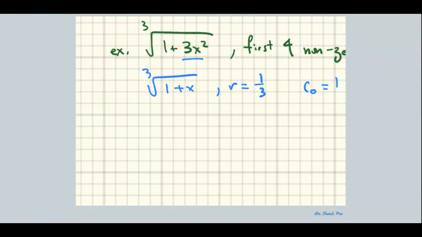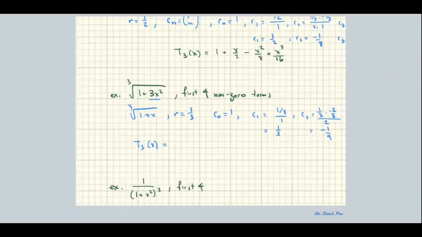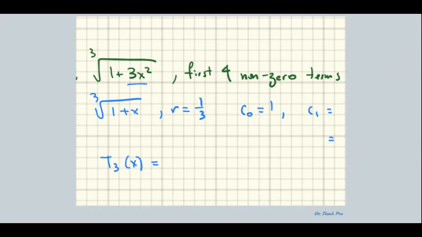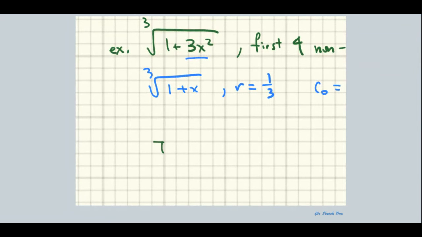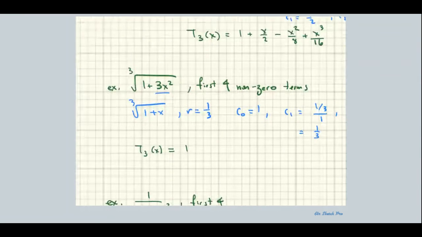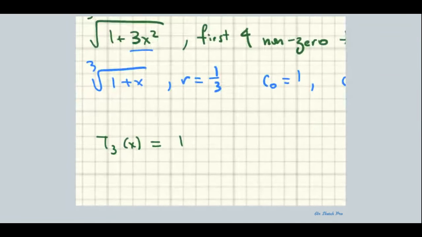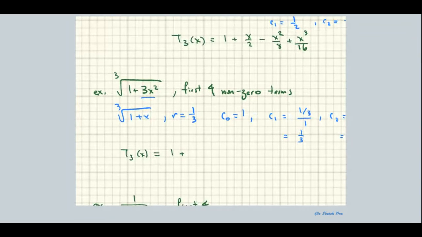So T3 of x for this function, the third partial Taylor series, is going to be 1, it's a function of x, 1 plus, what was the fraction, 1/3?